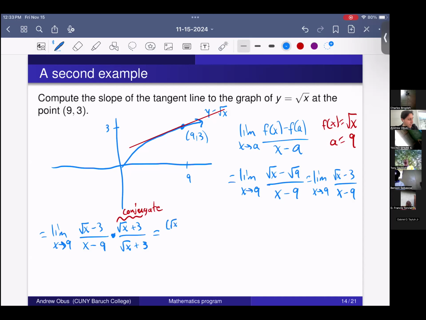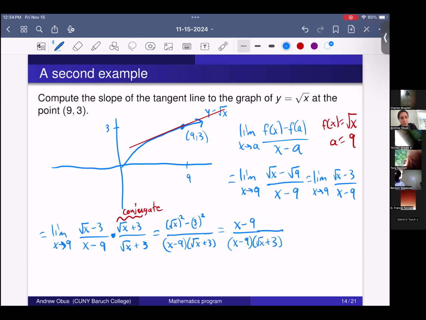So it's square root of x squared minus 3 squared. In the denominator, I won't simplify for now, I'm just going to get x minus 9 times square root of x plus 3. This becomes x minus 9 divided by x minus 9 times square root of x plus 3.